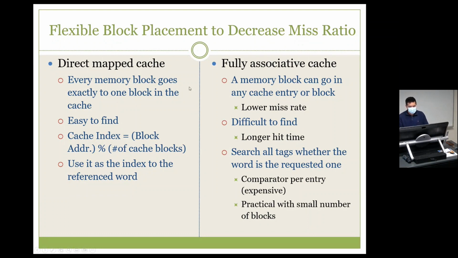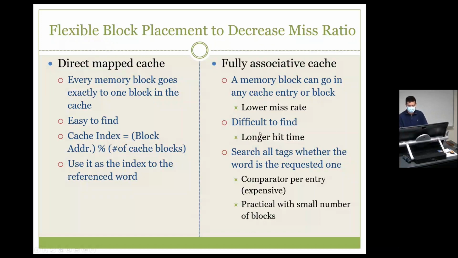But that's very restricting. So another type of cache is a fully associative cache. In this case, a memory block can go to any of the cache entries available. So if the cache is not full, you will be able to put it into the cache. This makes it more difficult to find, because now rather than just checking one place, if we have a cache hit, we have to check every single location, as it can be in any location.